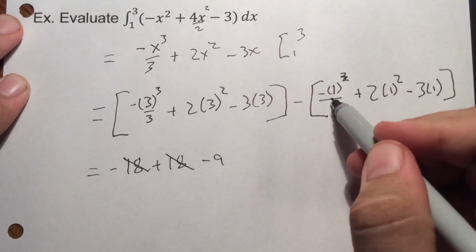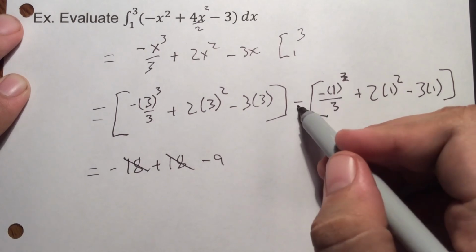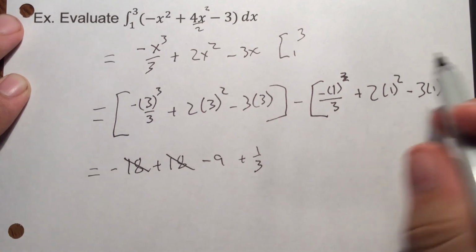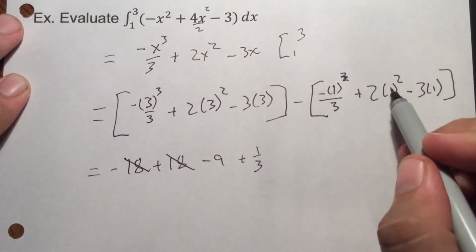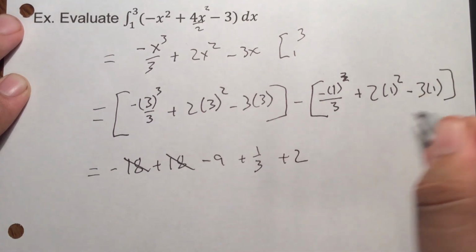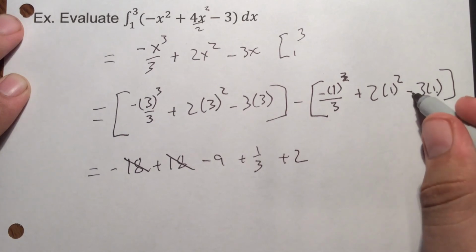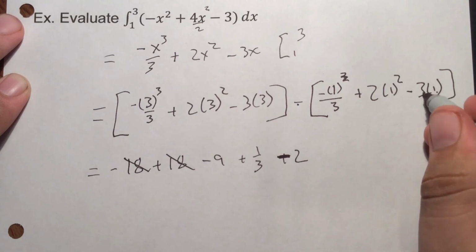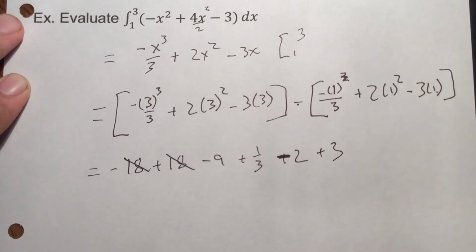1 to the third is still 1, so 1/3, but it's negative. But this here would make it a plus 1/3. 1 squared is still 1, times 2 would be a plus 2. Oh, sorry, this would be a minus 2 because of the minus here. The minus 3 would become a plus 3.